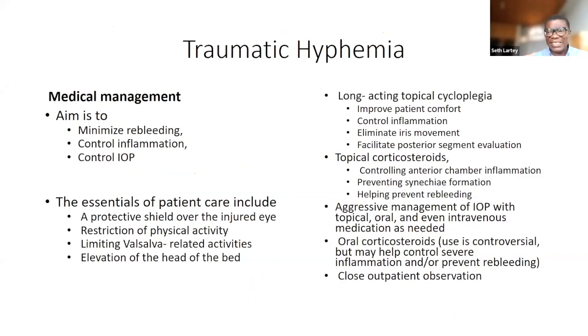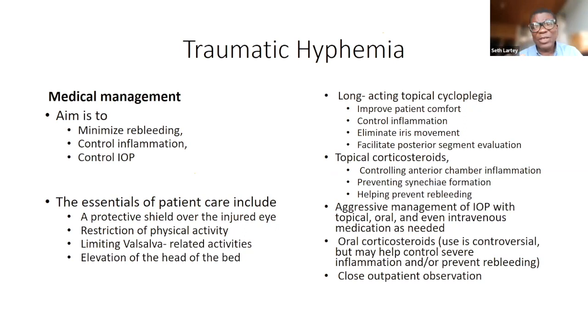So how do you manage traumatic hyphemas? Your aim is to minimize rebleeding, control the inflammation, and control the intraocular pressure. You want to give long-acting cycloplegics to improve the patient's comfort, to eliminate iris movements and to allow posterior segment evaluation. You want to give topical steroids, which also reduce the rebleed and control the intraocular pressure.